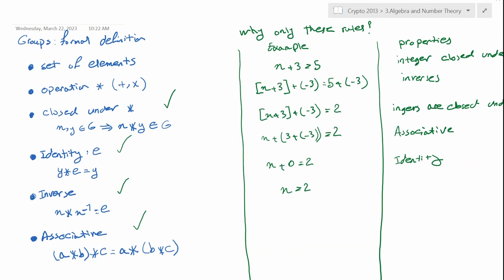But maybe this is an example that really opened up your eyes to see that many years of hard work to find these small pieces together to define a group is something that passes all these things. And the reason that they chose these specific properties is that these are the properties that are essential to solve even a simple equation.